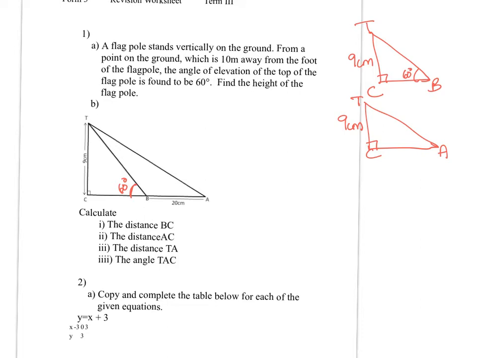In the small triangle, we have an angle. We want to find BC, which is the adjacent. Opposite the right angle is the hypotenuse, and this here is opposite. Using SOHCAHTOA, or any other method you wish, we have an angle, so we can use sine, cosine, or tan.